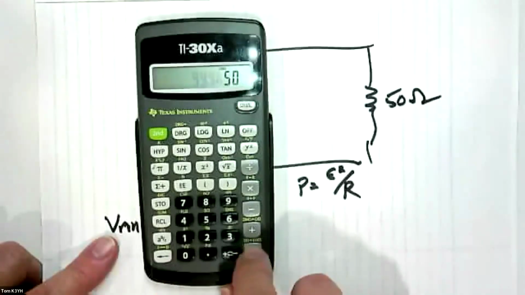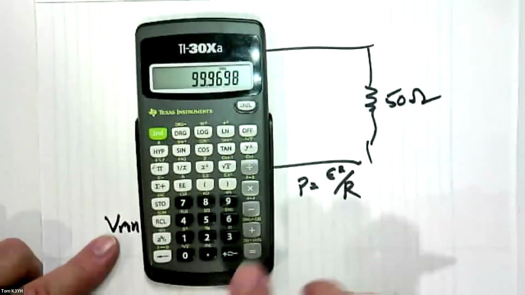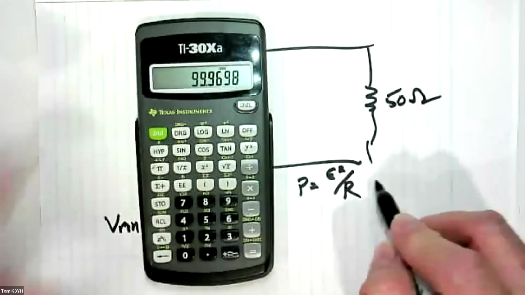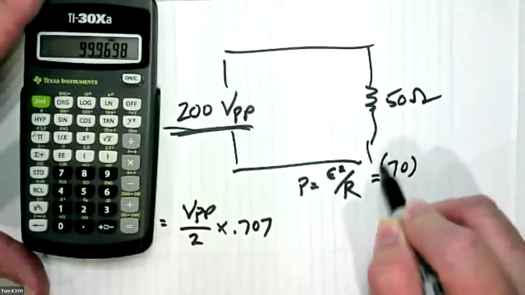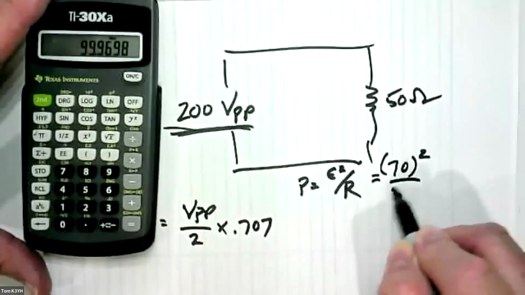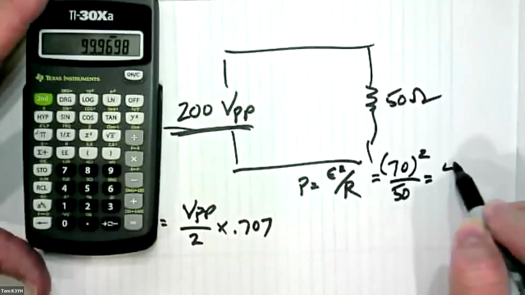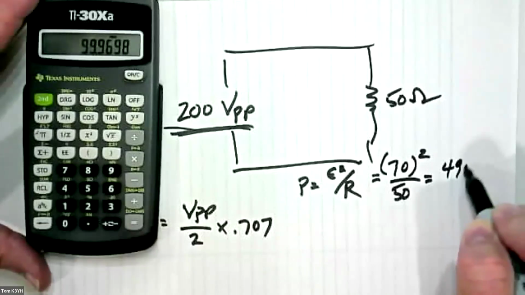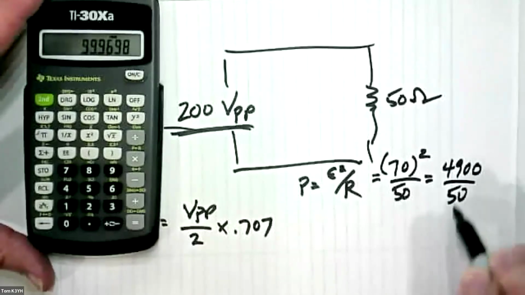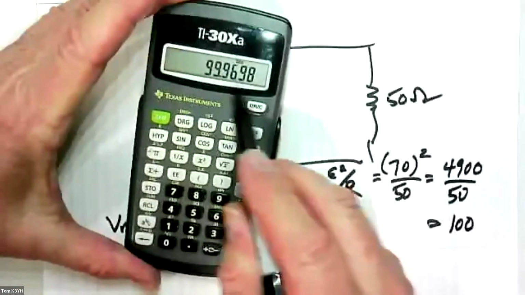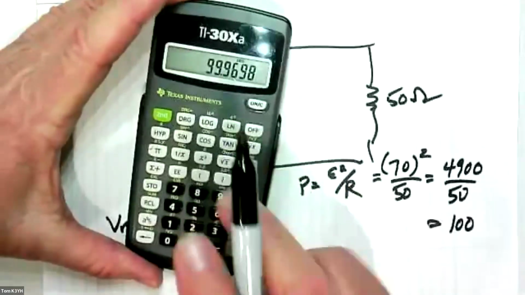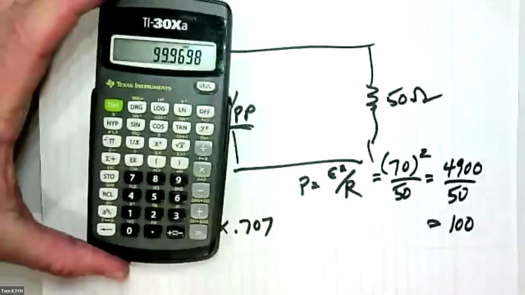So this is equal to 70 squared divided by 50, which is 4,900 over 50, equals about 100 watts. And on my calculator, when I did the exact numbers, I got 99.9 something.